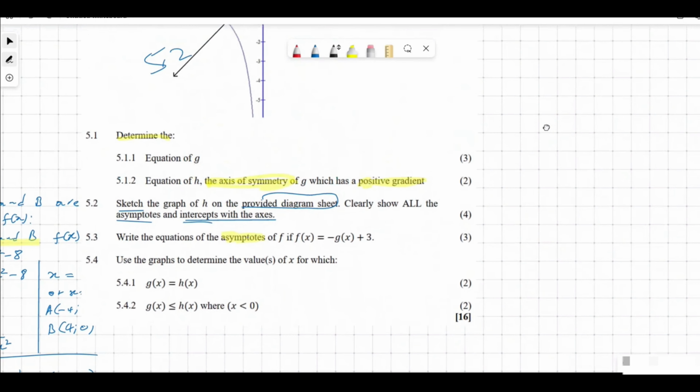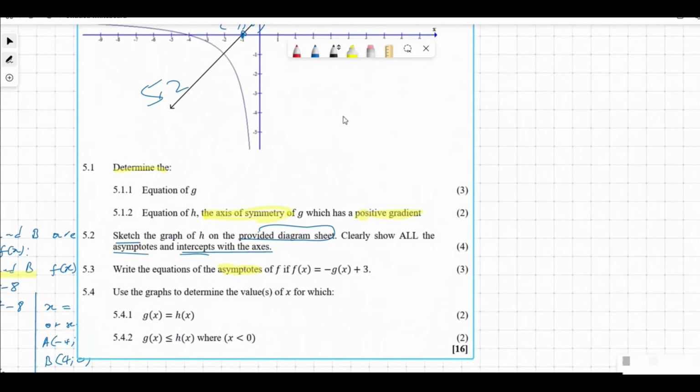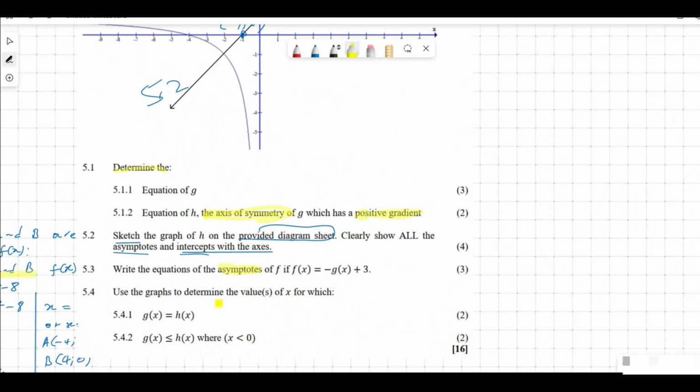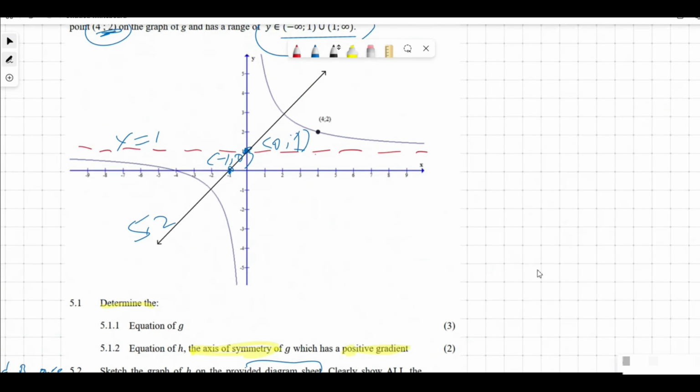But this question is saying determine the values of x for which the two equations are equal. The two equations are what? Are equal.